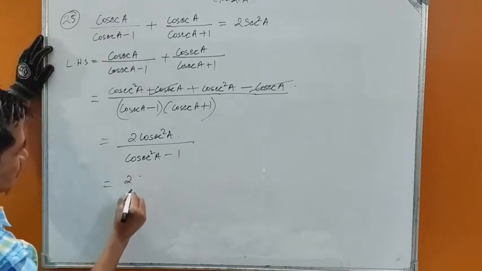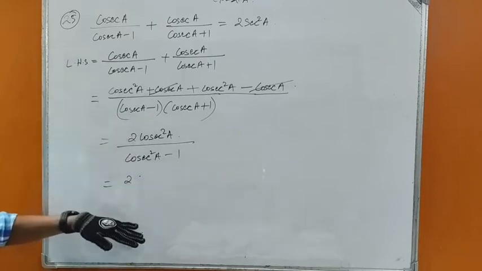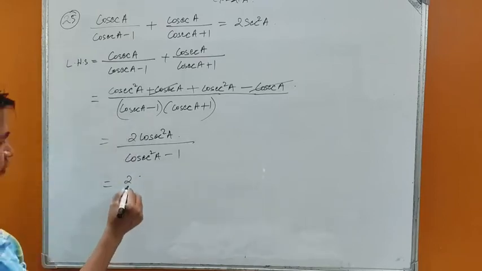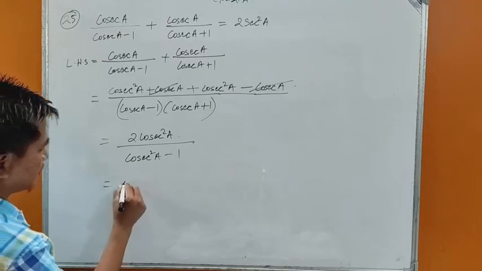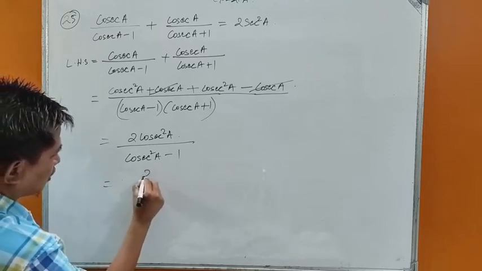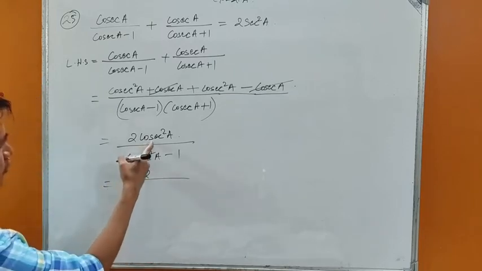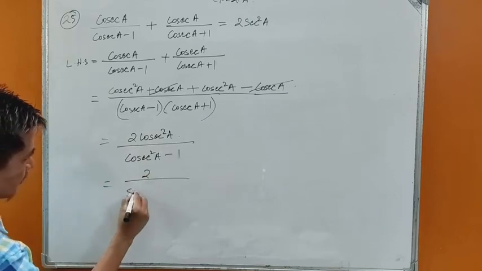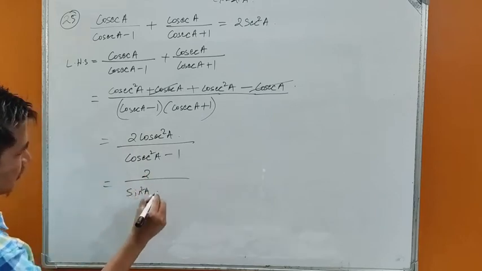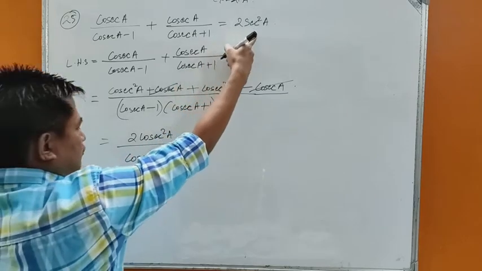Now 2 cosec square, you can take this cosec square to the denominator and make it sin square A, okay? So let us write that. 2 upon, this cosec square A goes to the denominator and becomes sin square A, okay? We need sec square A, isn't it?